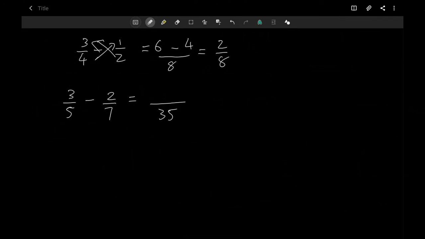So that'll be our denominator. The minus sign stays the same. We cross multiply. So 3 times 7 is 21. Now we do the other side. 5 times 2 is 10. And our final answer is 11 over 35.